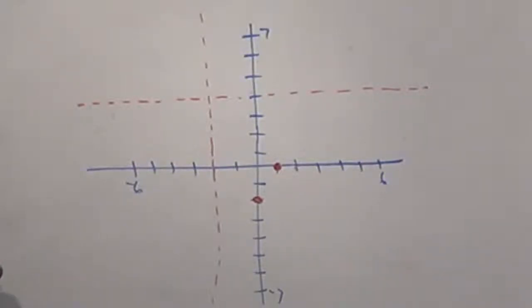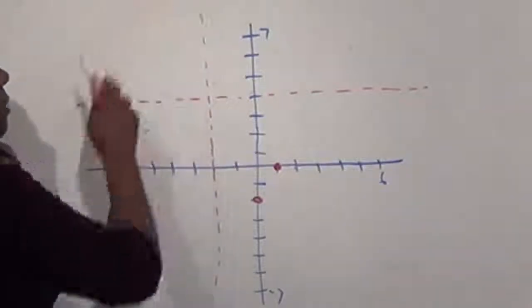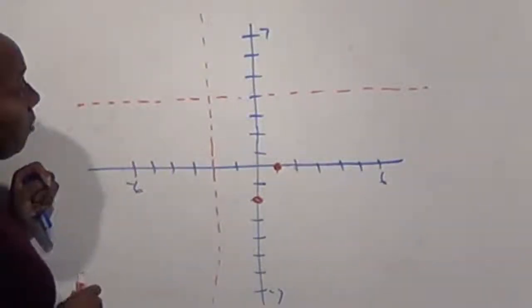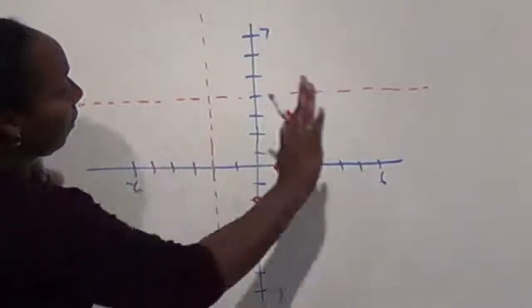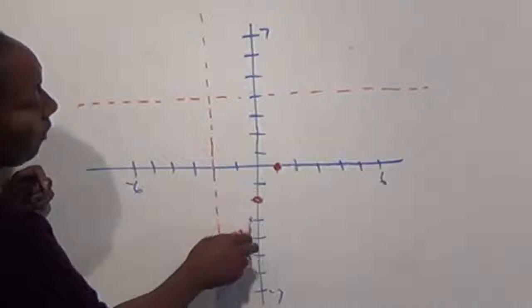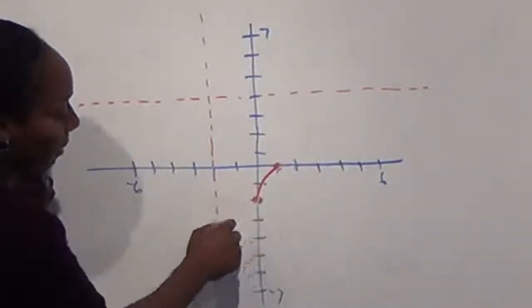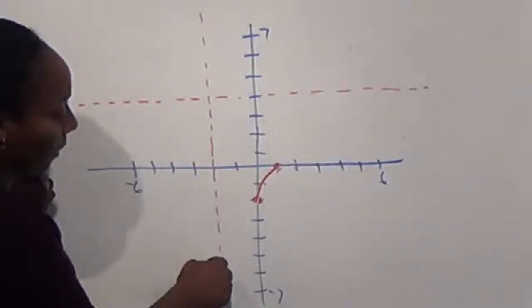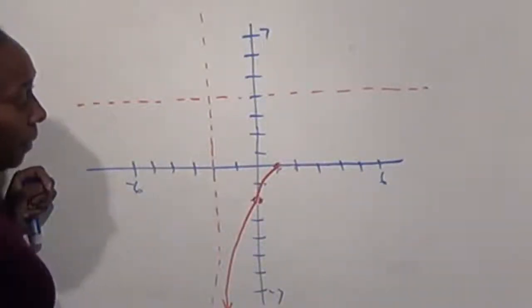So if you remember when we said for vertical asymptotes, it is either going to positive infinity as it approaches the asymptote, or it's going to negative infinity. If I look on the right side of my vertical asymptote, I have intercepts over here, and I know these intercepts have to connect. And because I'm getting closer to my asymptote on this side, I know it's got to go towards negative infinity.